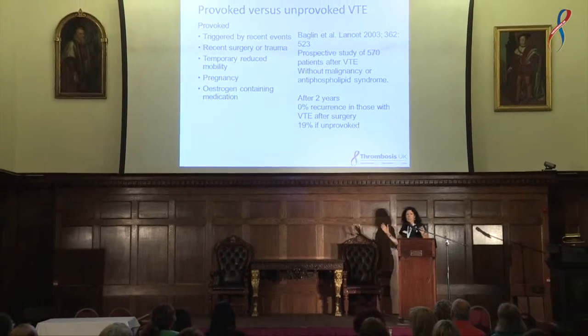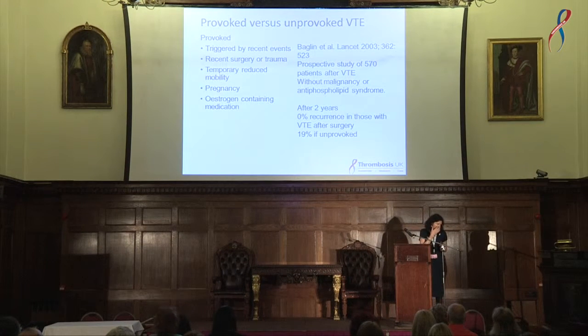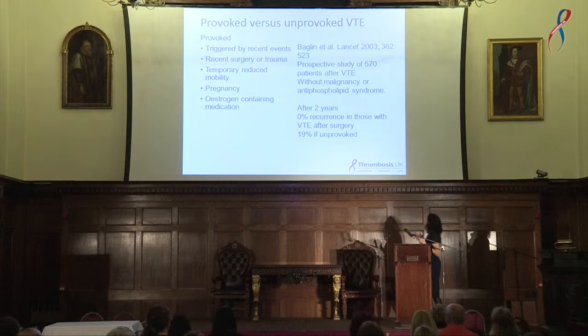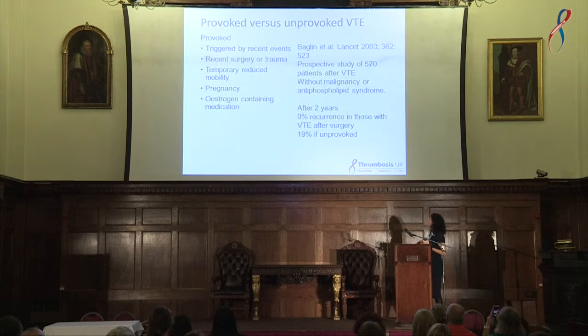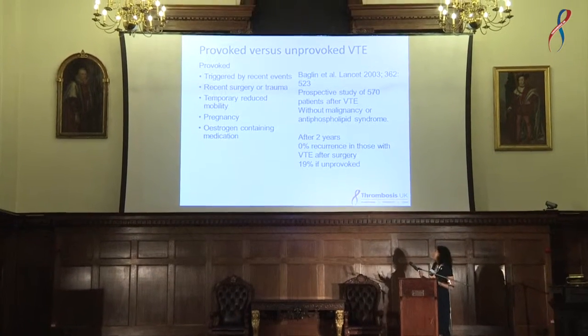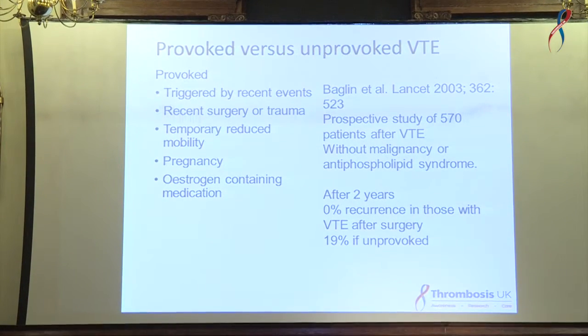And they got together a group of patients, so 570 patients, who'd all had a blood clot. They didn't have cancer, they didn't have antiphospholipid syndrome, and they divided them up into those who'd had provoked and unprovoked blood clots. And here we've got the list of the provoking factors. So they'd had recent surgery or trauma, they had reduced mobility or pregnant, or they were taking estrogen-containing medication.